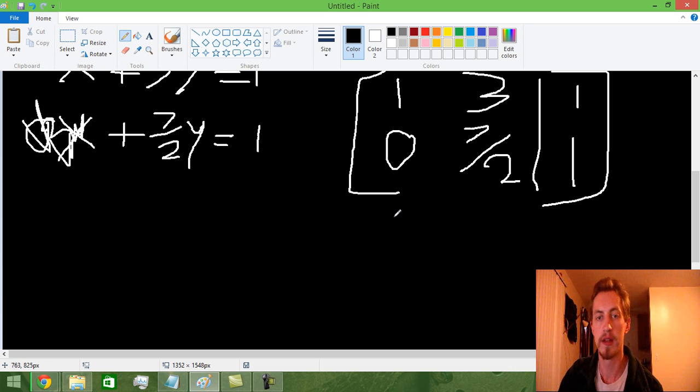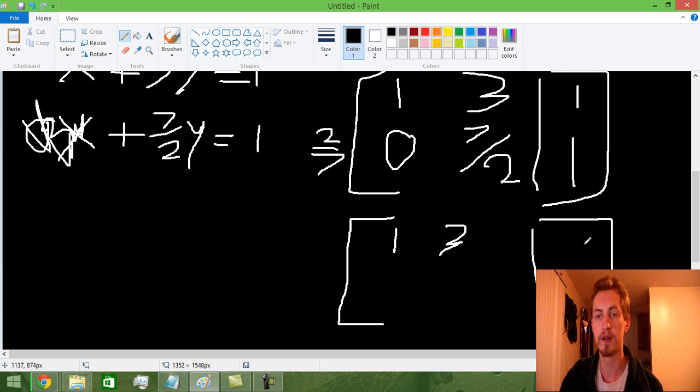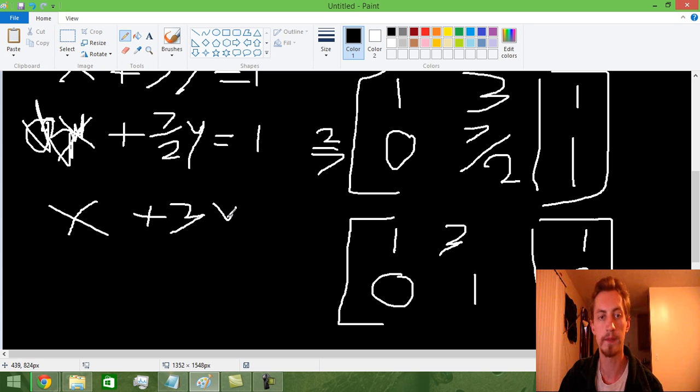So let's multiply the bottom by 2 over 7, this whole bottom row. So that's going to mean we have 1, 3, 1, and then we're going to have 2 sevenths. We're going to have 1, and we're going to have 0. So that goes to x plus 3y equals 1. And then we have y equals 2 sevenths.